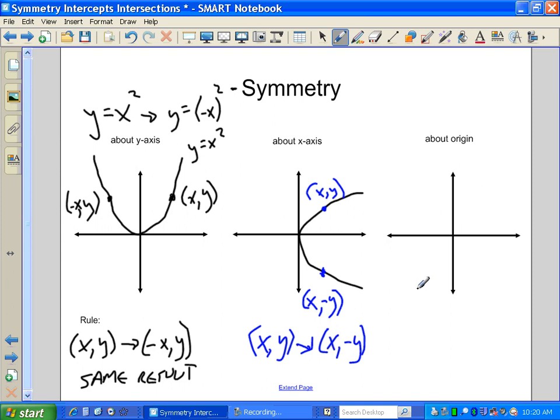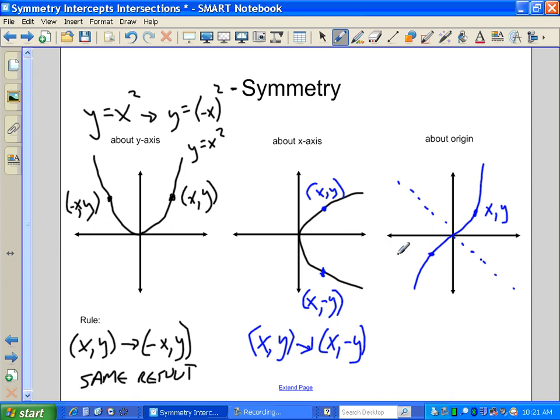Lastly, symmetry about the origin, and this one's going to be a little bit difficult to draw, but I think I'm up for the challenge. I've got the point x comma y here. When we're talking about symmetry about the origin, the fold line is like that, so this maps down to there.